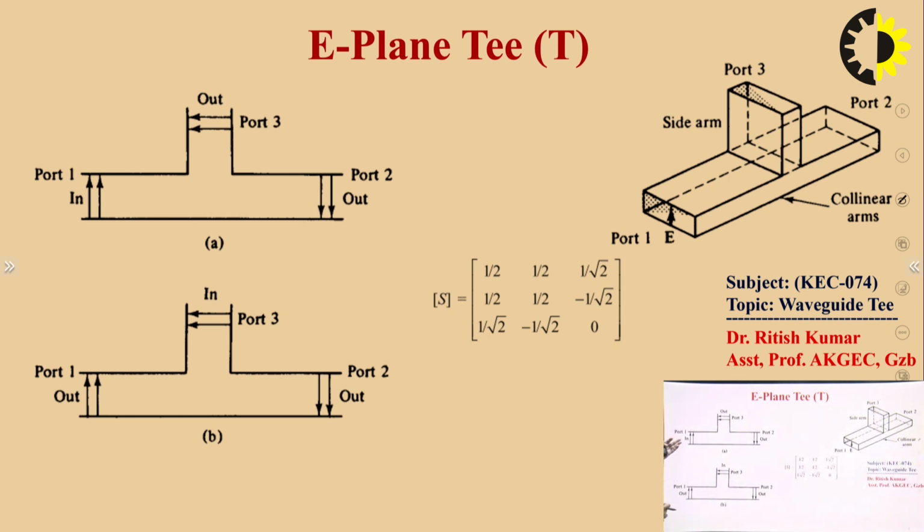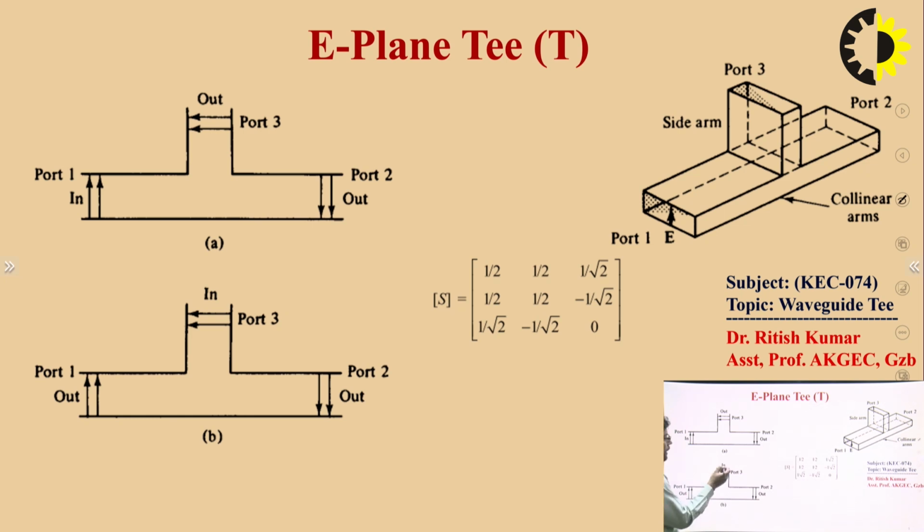So you can clearly see here at port number 1 that both are in opposite phase. If you apply the input at port number 1, you will get the output at port number 3 and port number 2, in the orientation like this.